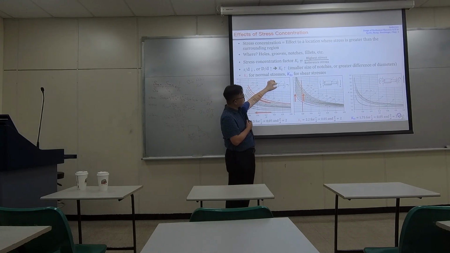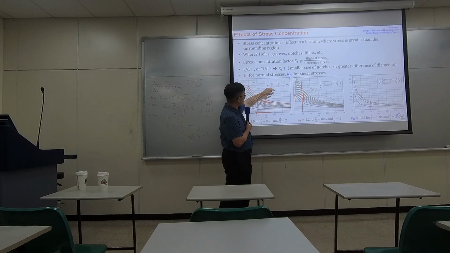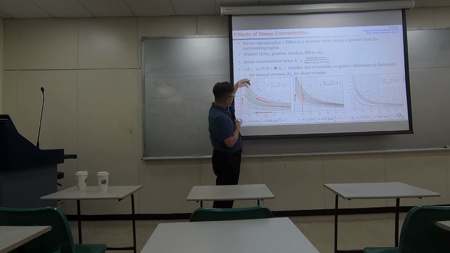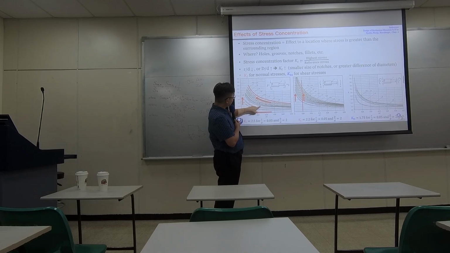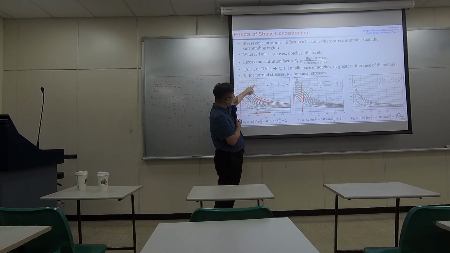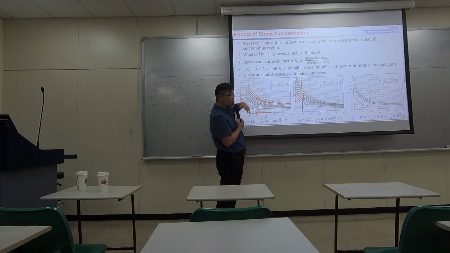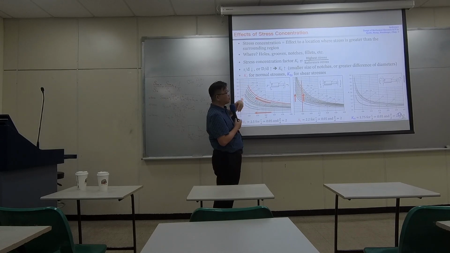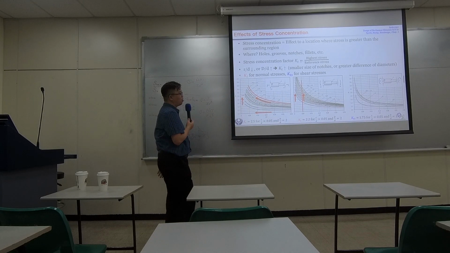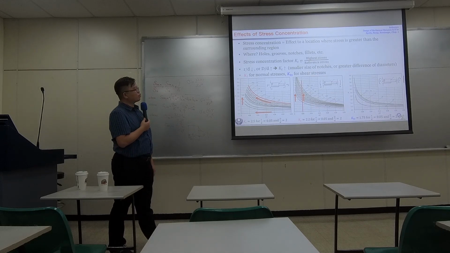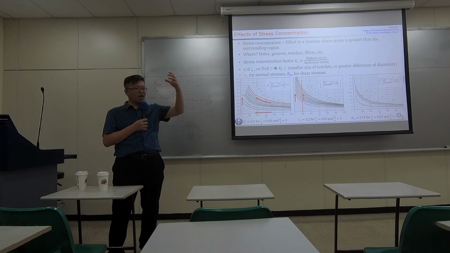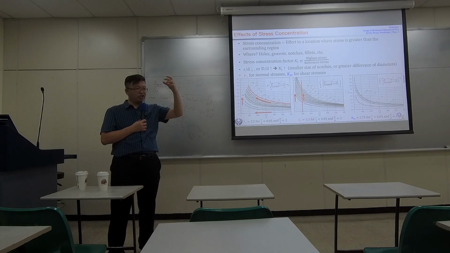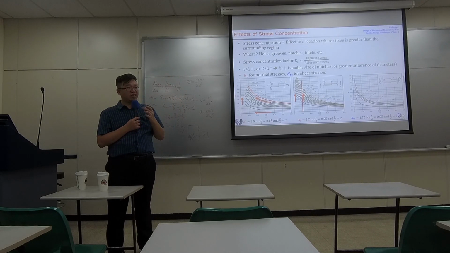So if the ratio between two diameters is greater, here's the curve with 2. Here's another one with a lower one. So if this ratio is greater, then the stress concentrates more. Okay? So if you have a shaft design, you need to have diameter change in different areas.